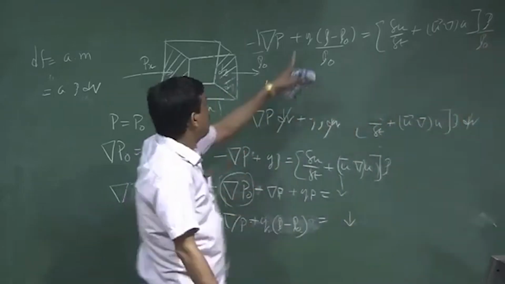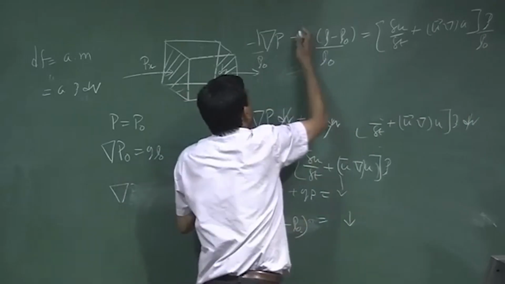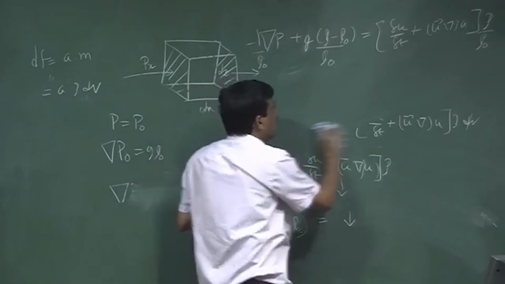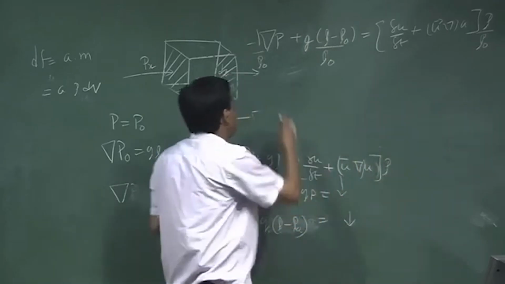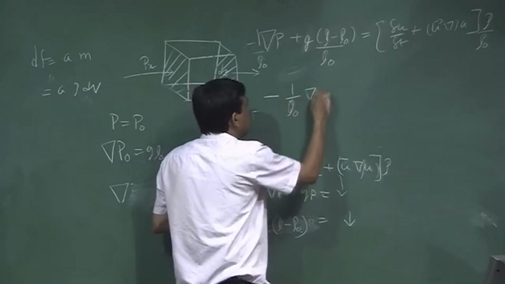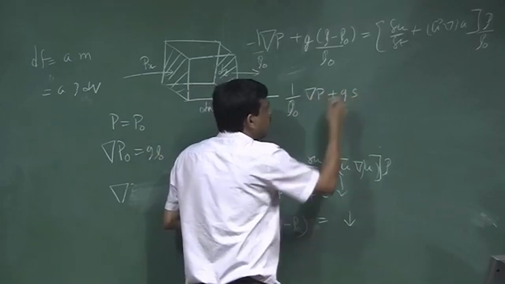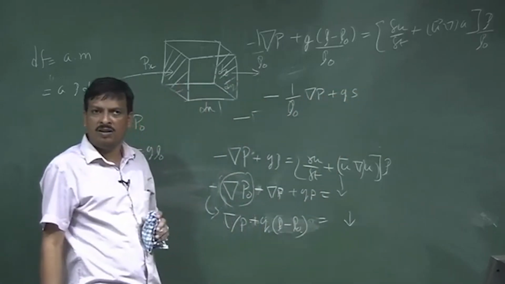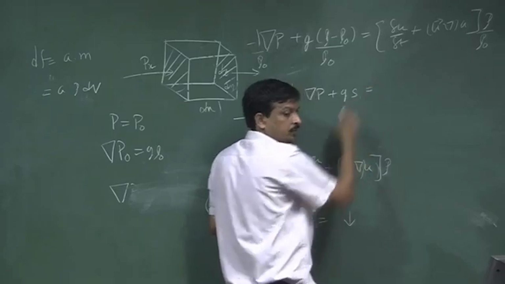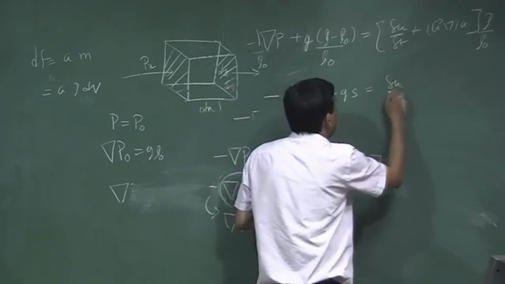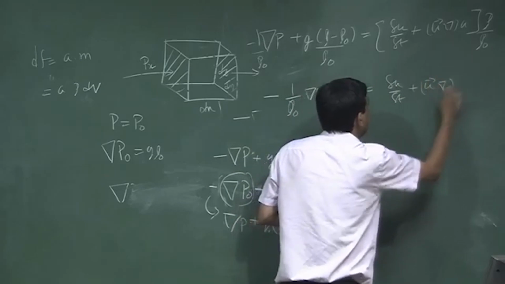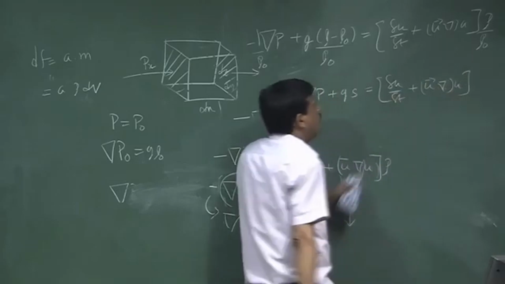Okay? So, see that g into rho minus rho 0 by rho 0 is what? Condensation. So, it is nothing but minus 1 by rho 0 into acoustic pressure plus g into S, condensation, g into S, is equal to del U by del T plus U divergent U whole rho by rho 0.